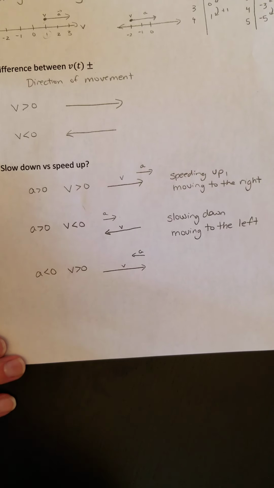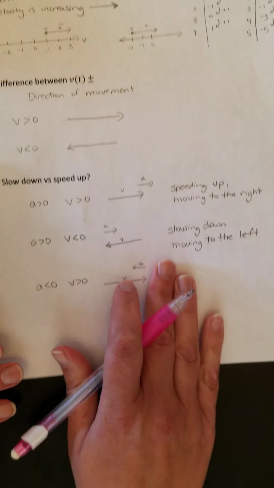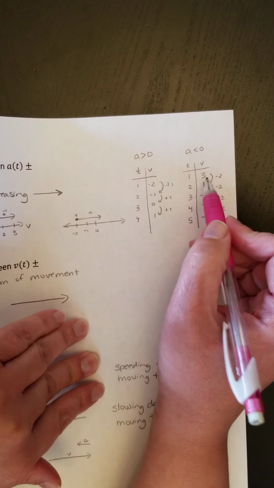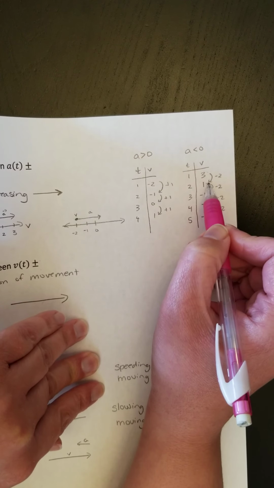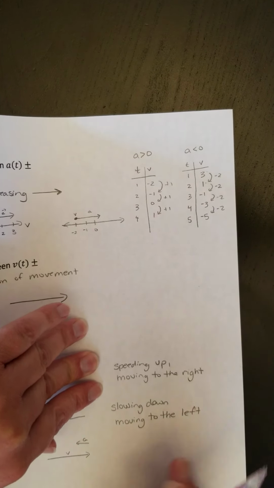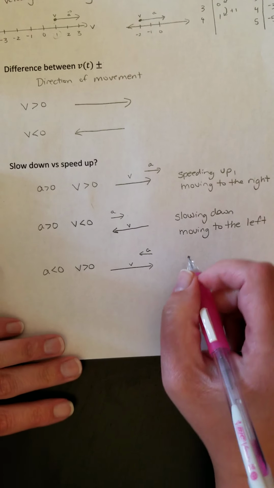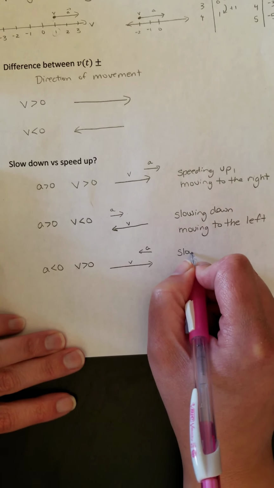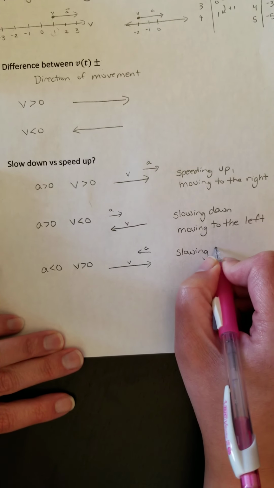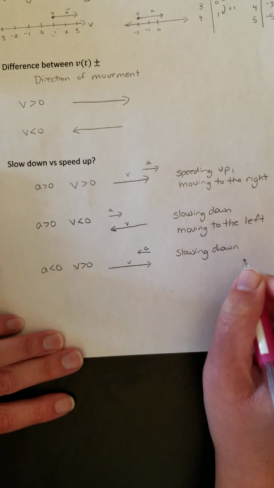That means it's decreasing. That would be an example like this second table back here where I had positive velocities at the start, but it was decreasing. That's going to slow you down. While your velocity is in the positive direction, you're moving to the right, but it's slowing you down because acceleration is working in the opposite direction.